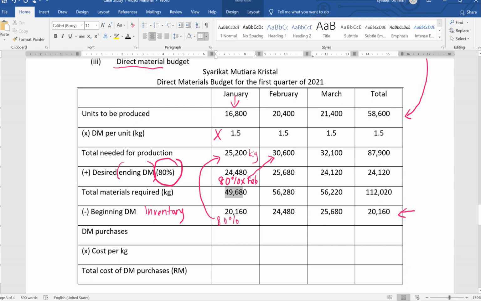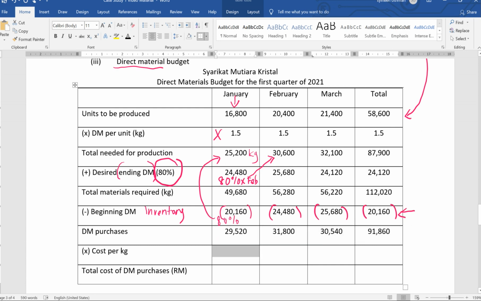So how many direct materials I need to purchase? So kita ambil the required ones, kita minus your beginning inventory, so you akan dapat direct material purchase. Okay, so kita tolak lah. So this item here will be deducted. Okay, alright. So we're gonna get all these three items lah. Okay, clear. Alright, and then kita akan darab dengan kos untuk 1 kg bahan mentah.